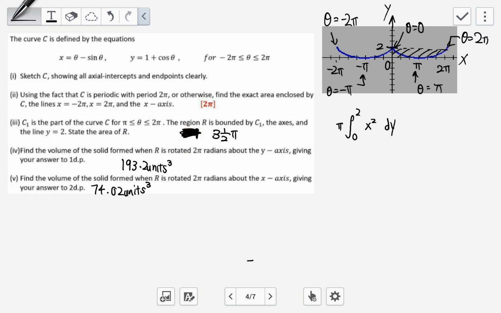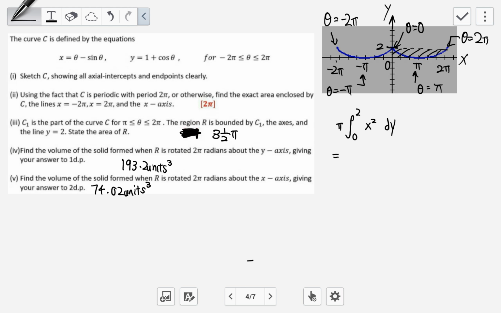Now I want to integrate with respect to d theta, so I just change everything in terms of theta.